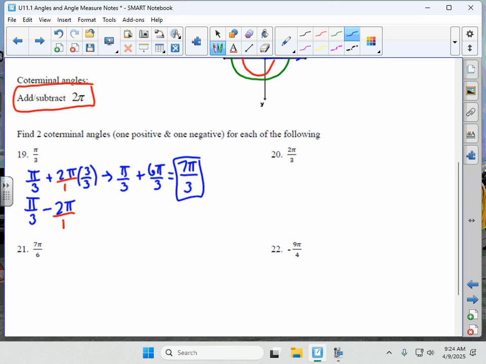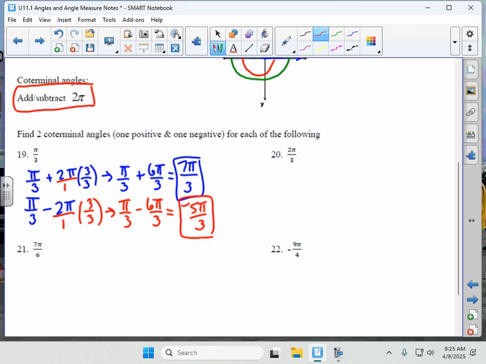Again, if we want to subtract, we need a common denominator, so we multiply by 3 over 3. And so we have pi over 3 minus 6 pi over 3. Denominators are the same, so pi minus 6 pi is negative 5 pi. Negative 5 pi over 3, that would be the negative angle.